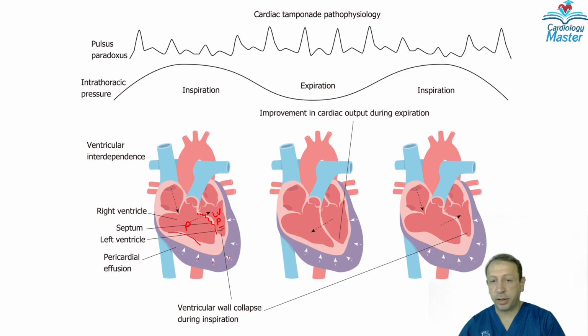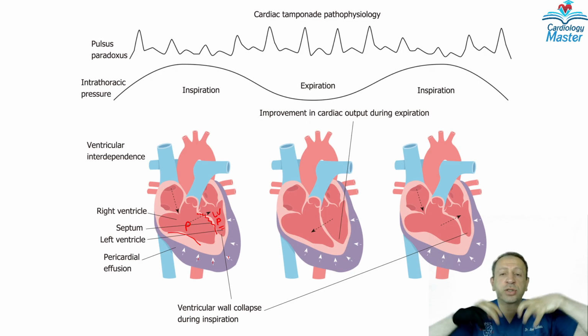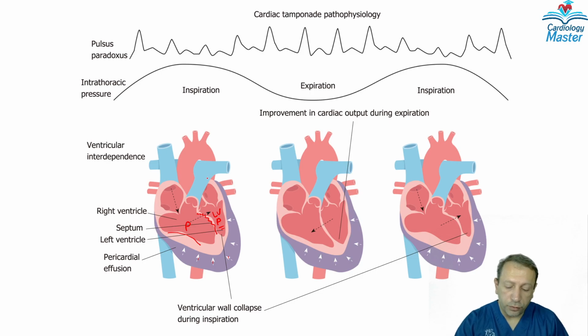As we discussed earlier, when a normal healthy person takes a deep breath, this deep breath will create a negative intrathoracic pressure, intrapleural pressure, intrapericardial pressure, and this negative pressure will try to suck the blood from the pulmonary veins and pulmonary arteries back to the lungs.